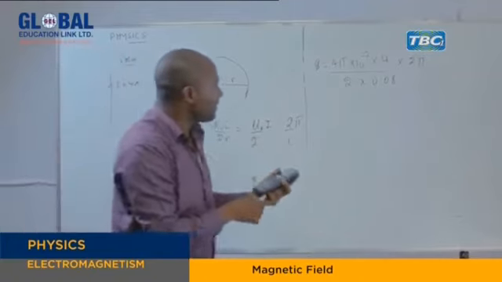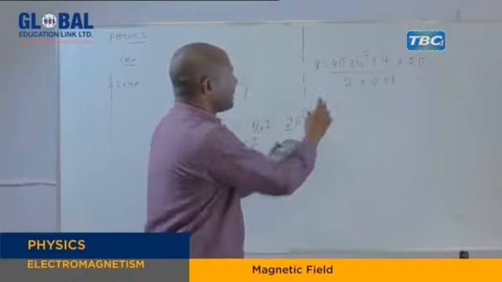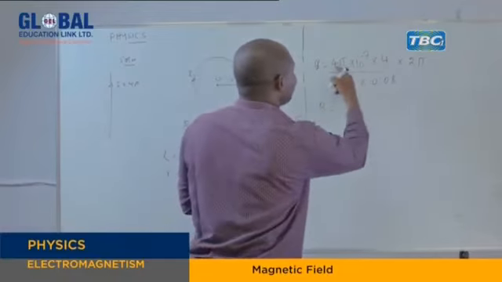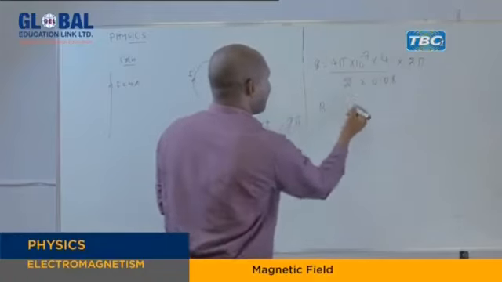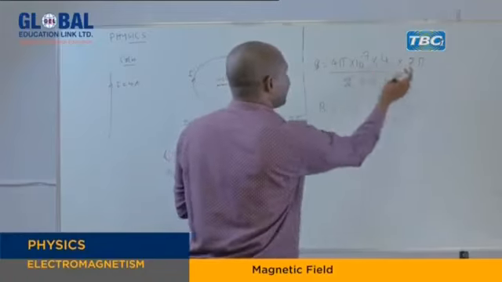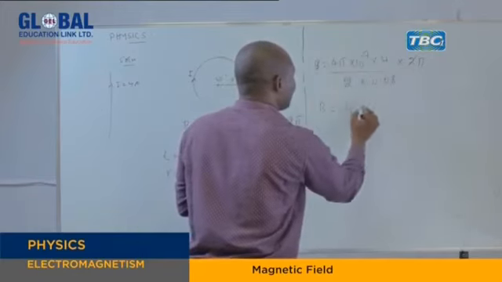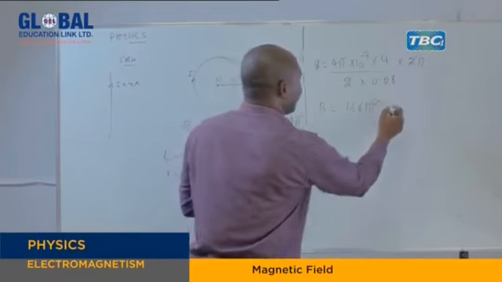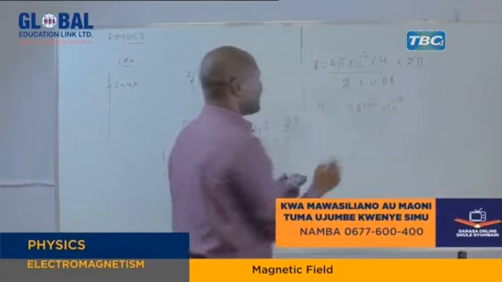Okay, let's go together here. This B, we take, this will be 16. This is 16 over 32. These 2 and 2 cancel out. And we have 16 here, 16 times pi squared. You can take this power, and then times 10 power negative 7 over 0.08.